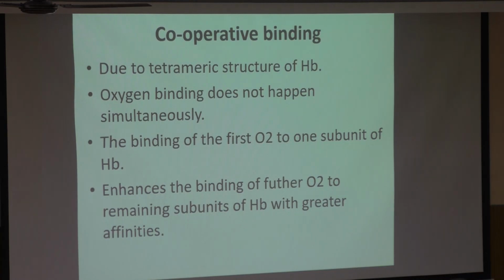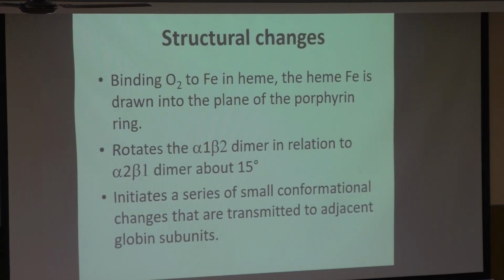But because oxygen has cooperative binding, the curve is sigmoidal. Initially the affinity is low, but once the first molecule binds to one unit, the affinity for the remaining subunits increases, and oxygen can bind easily and go further. That is the meaning of it.